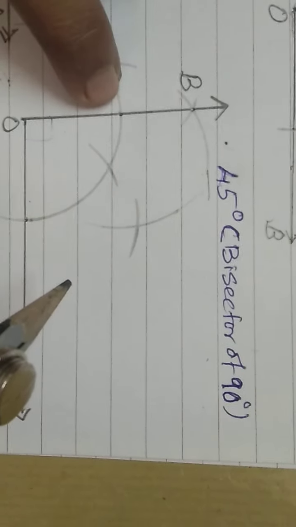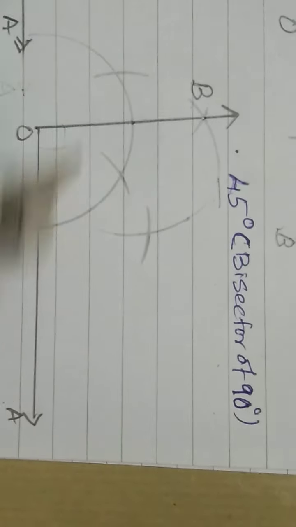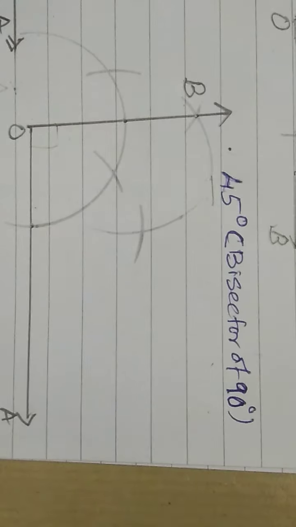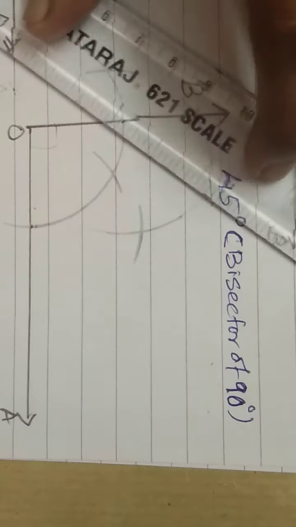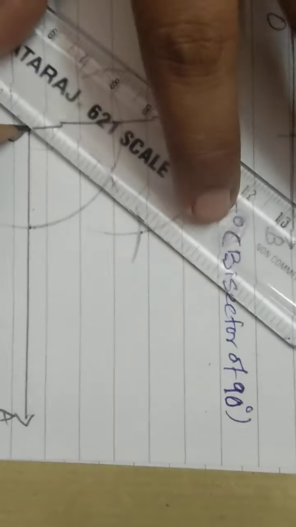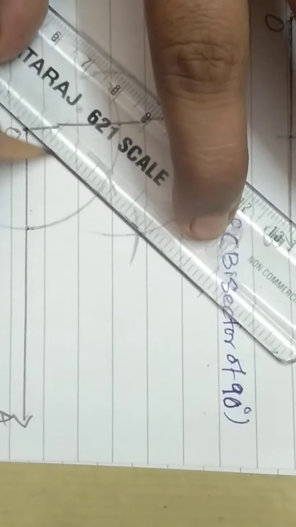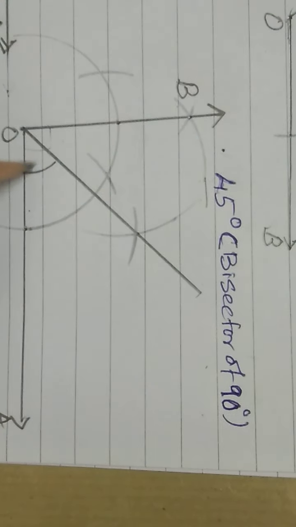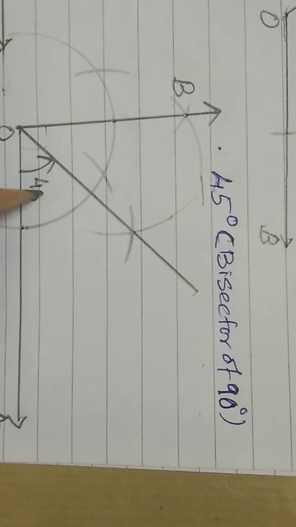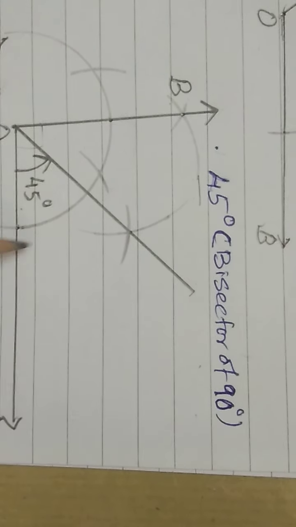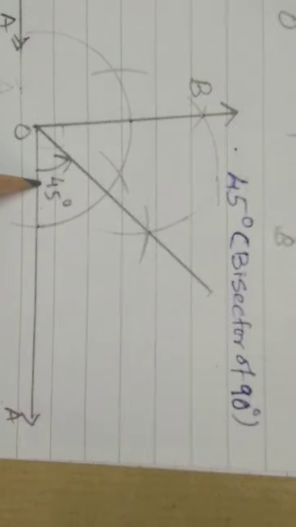From these 2 points we have to draw the arc and now join the center and this arc. Okay, this much is 45 degrees. The total is 90, half of the angle is 45.